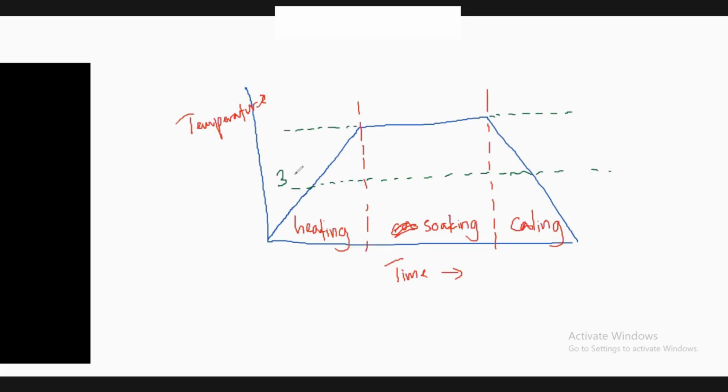300° C. And let's say that maximum we have 600 or 650° C here. And the same goes to here. So this area, they call it controlled. And this area they call uncontrolled.